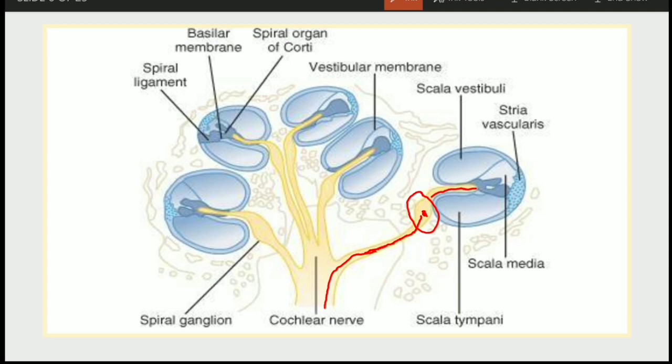So any mechanical transduction at the organ of Corti leads to generation of impulses, and these impulses first go to the peripheral processes, from the peripheral processes to the spiral ganglion, and from the spiral ganglion to the central processes, and then join the cochlear nerve.